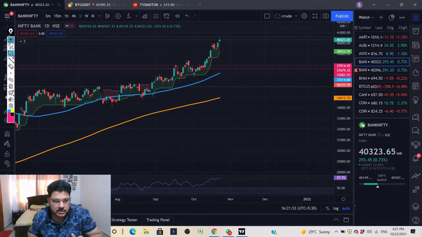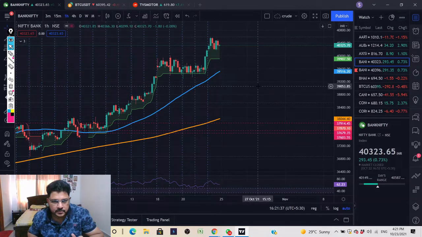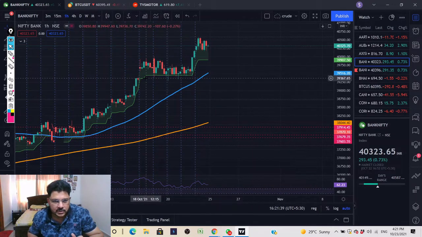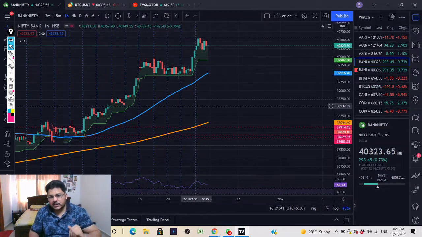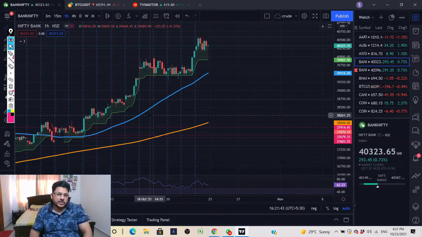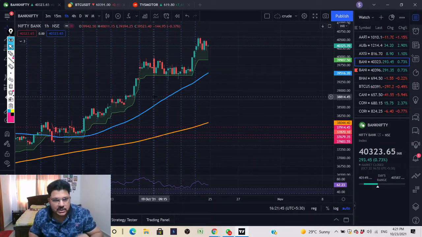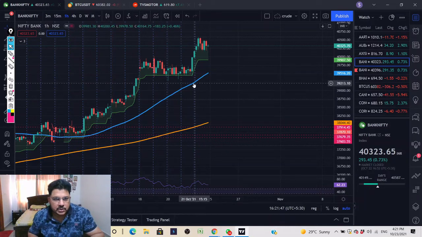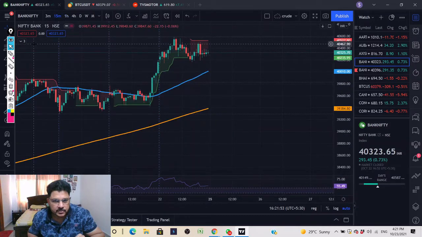Now let's look at the 1 hour time frame. If you see all the time frames, super trend is aligned, the moving averages are aligned, so it's not complicated. Whenever you see everything is aligned, that means it's definitely going to the bullish side. Let's see it on a 15 minutes time frame.